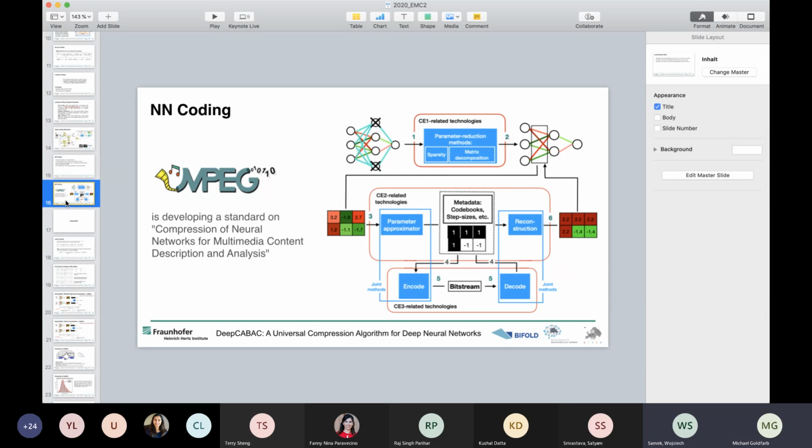This is something you could do, and you can apply DeepCABAC on top, because DeepCABAC is just an entropy coder which converts your quantized representation into a very efficiently compressed stream. So I think the tasks are a bit orthogonal. Here we are targeting reducing the size of the network as much as we can.